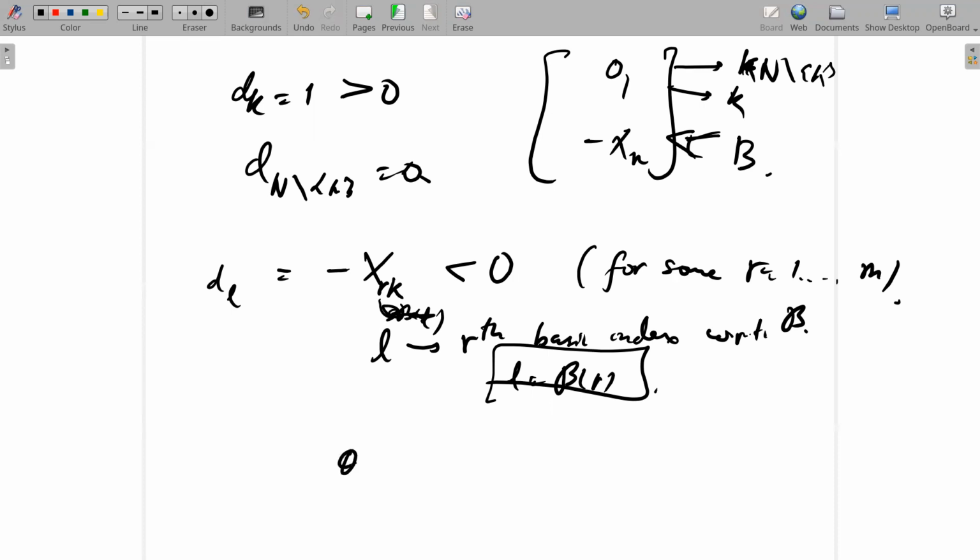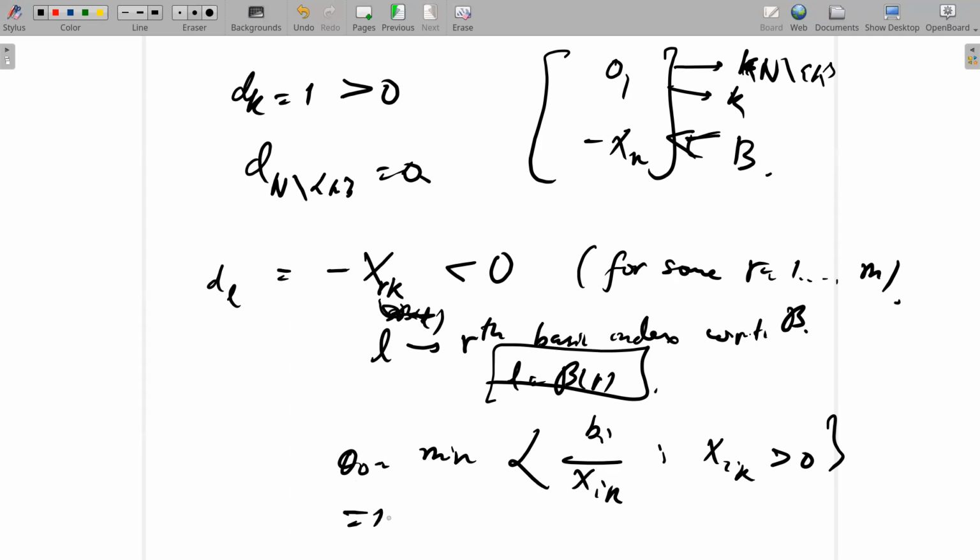Now theta naught is equal to the minimum of bi over xik, where k is the basic column that has entered when you're talking about the basis B, and L has exited. So k is fixed, and you are minimizing over all the xik that are strictly bigger than 0, with i between 1 and n. This implies xrk is strictly bigger than 0.